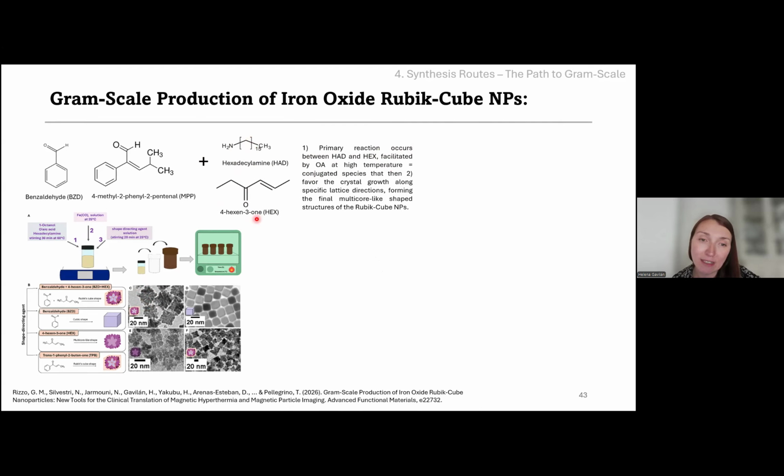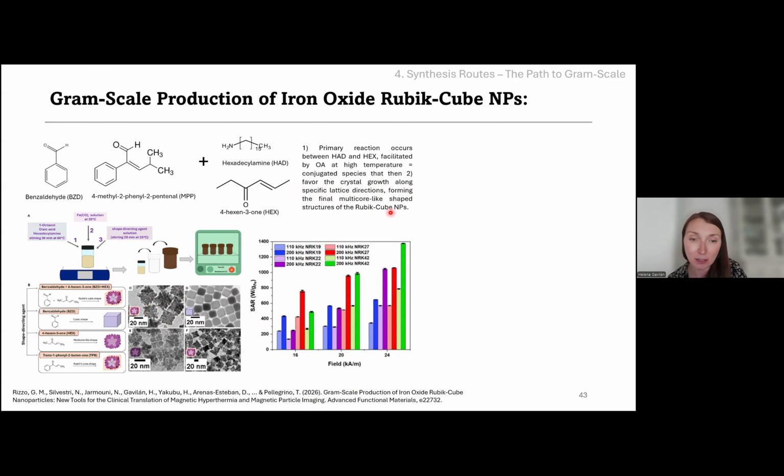So you will have a self-polymerization of this ketone that in the end will be a conjugated species that can interact and adhere to the surface of the forming nanoparticles and favor the crystal growth along specific lattice directions, forming the final multicore shaped structures, or Rubik cube nanoparticles. Basically, we are combining the nice features of the nanoflowers and the nice features of the cubic particles.